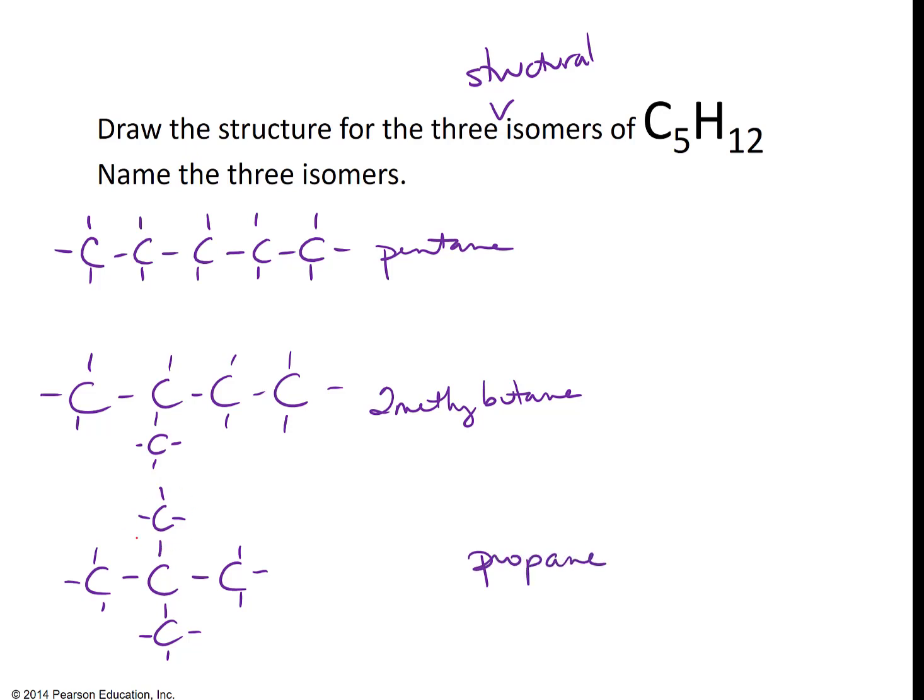And then hanging off above is a methyl, below is a methyl, and those are on carbon number 2. So 2,2-dimethyl propane.